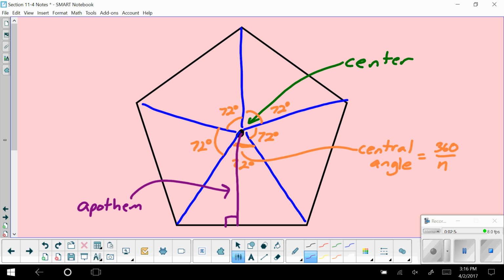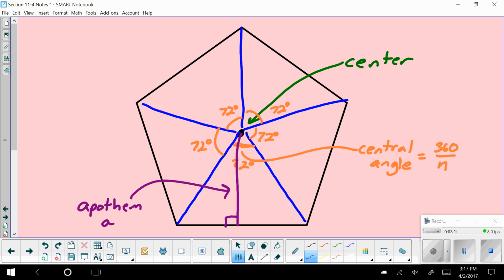I know it looks like it should be pronounced apothem with the stress on the second syllable, but it is actually pronounced with the stress on the first syllable. We typically use a lowercase a to represent the apothem, and that is something that we'll need to find, which is where trigonometry comes in.